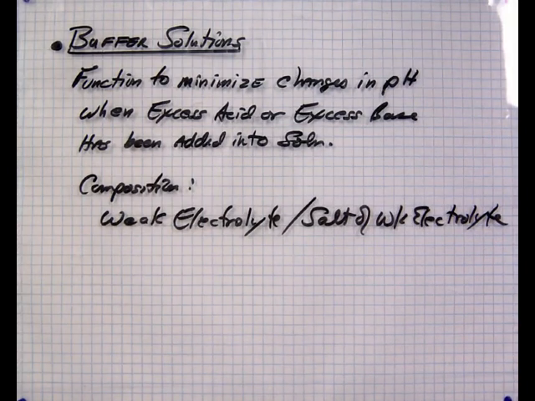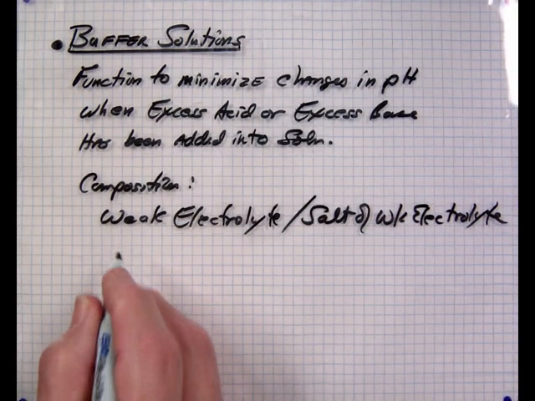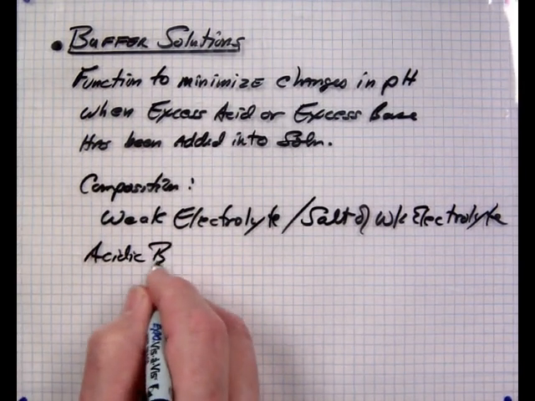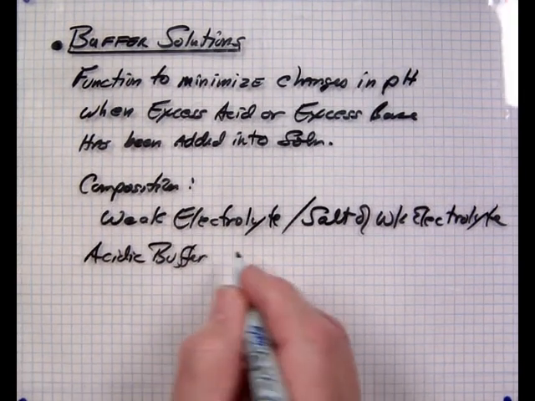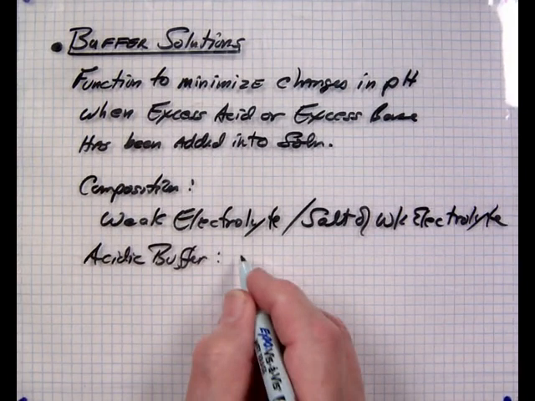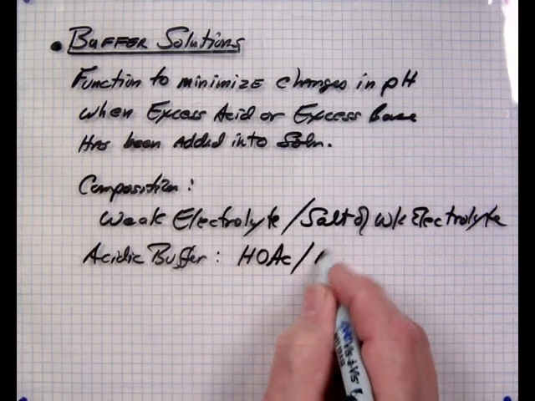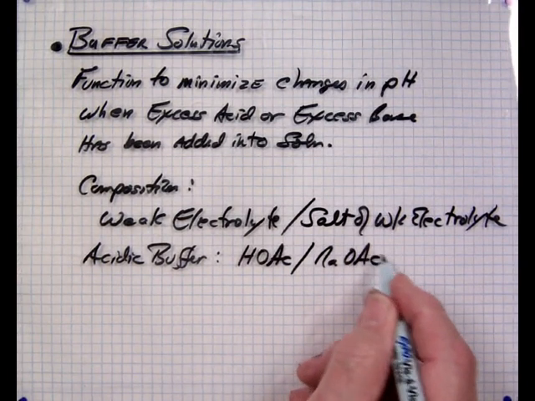This means you can make a weak acid buffer, an alkaline buffer, or buffers that are neutral. An acidic buffer might be composed of acetic acid and its salt, sodium acetate.